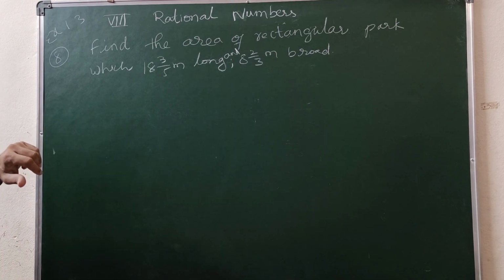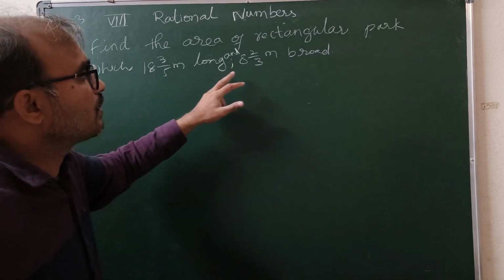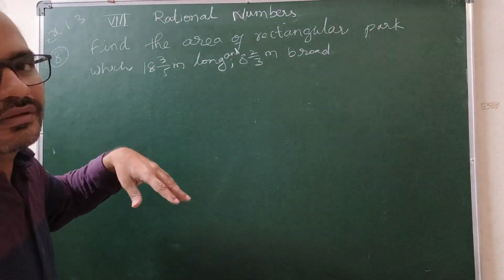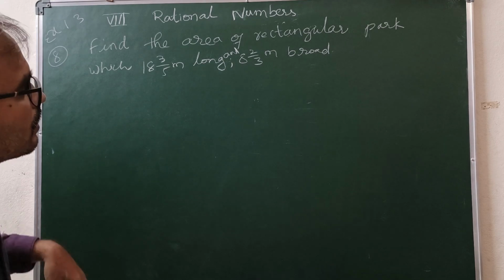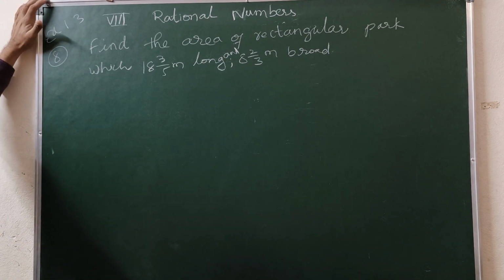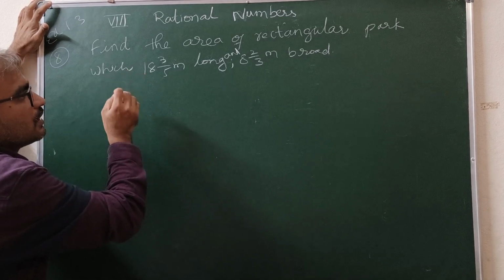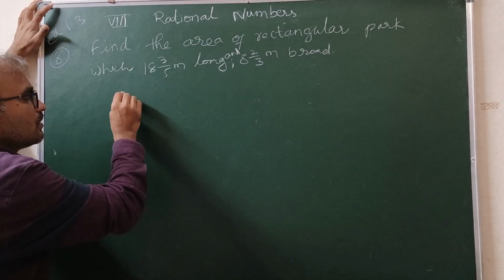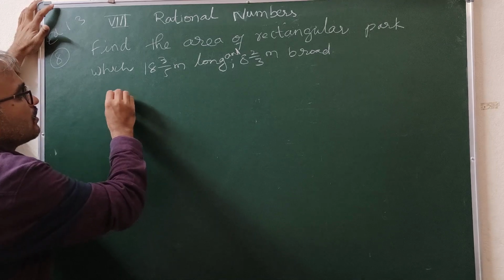Here in this class the intention is to make you multiply and divide mixed fractions, right? As you have solved many problems in 6th class itself, I don't need to tell you what area is or what the area of a rectangle is. So directly we go with the formula for the area of a rectangle.